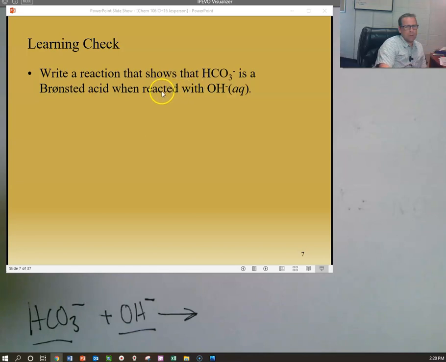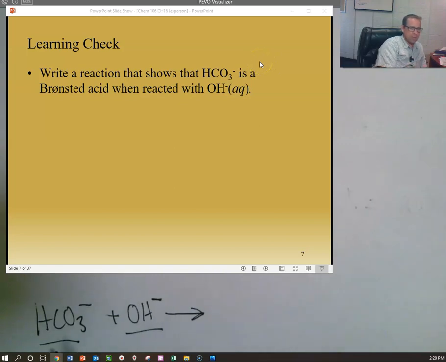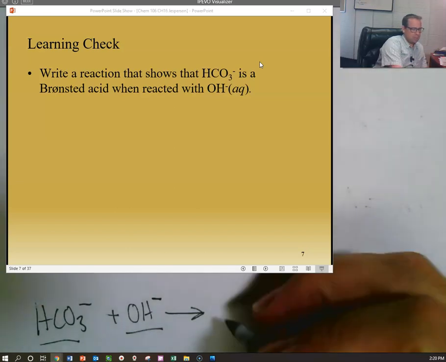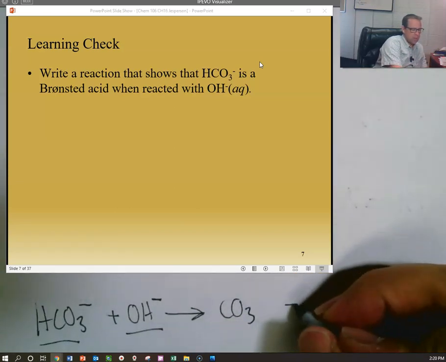Which one is acting as the acid? Can you tell by looking at the question? HCO3 minus, that's right. So that one is going to be donating a hydrogen. If this donates a hydrogen to the hydroxide ion, what will the result be? CO3 and H2O.